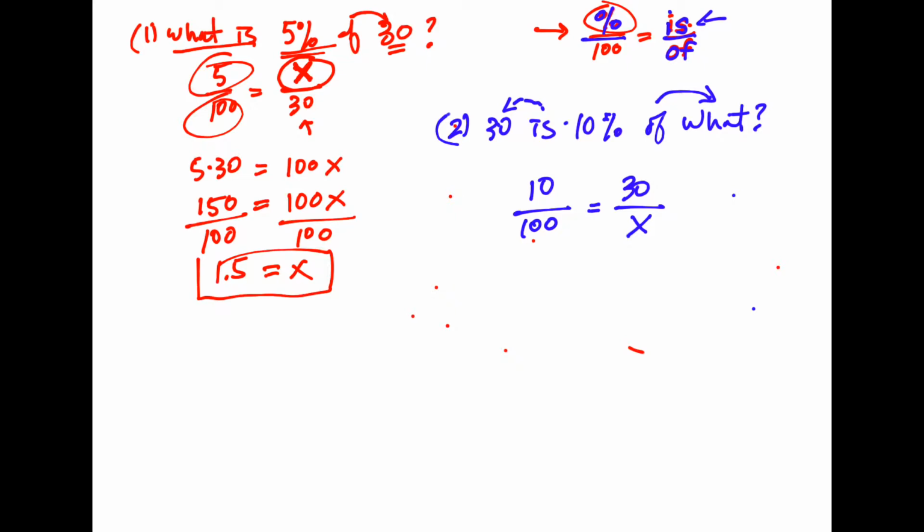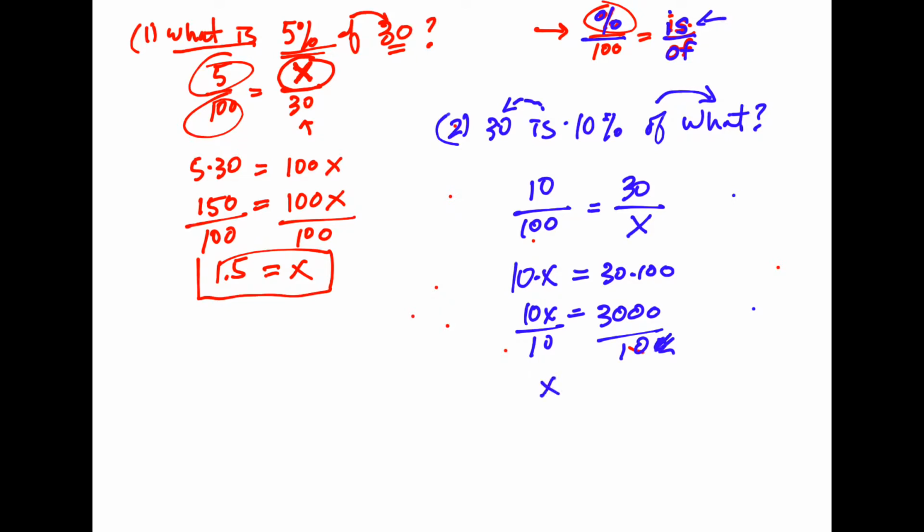And we can do the cross multiplication, right? Oops, I know that got in there. So let's try that again. We'll go 10 times x equals 30 times 100. So 10x equals 3,000. And if we divide both sides by 10, oops, I divided by 100 there.